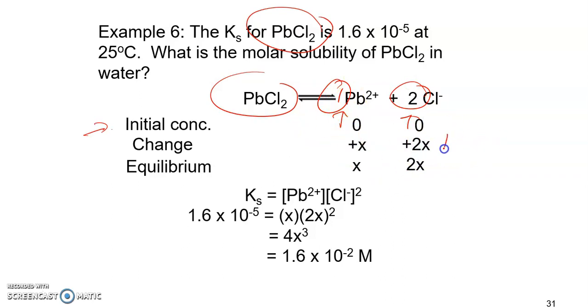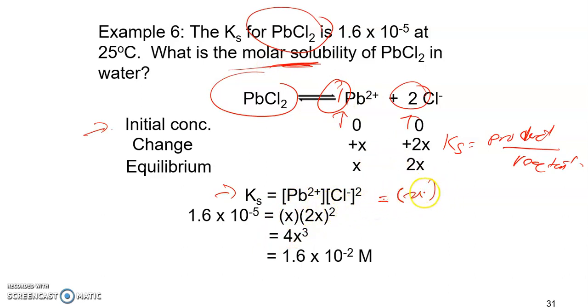We know that Ks is the product of the concentrations of the ions. I already proved how to get this expression. Here the question asks about the molar solubility, so we need to find the S value. Pb2+ is S, and Cl- is 2S, but remember we need to square it because of the factor of 2.